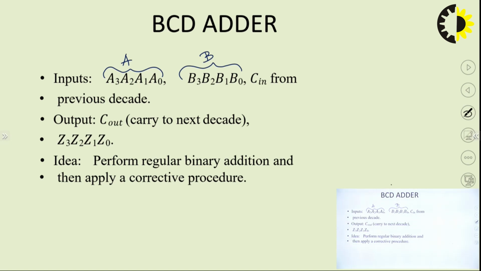So the idea is, if I add two numbers, A number lying from 0 to 9 and B number lying from 0 to 9, right?